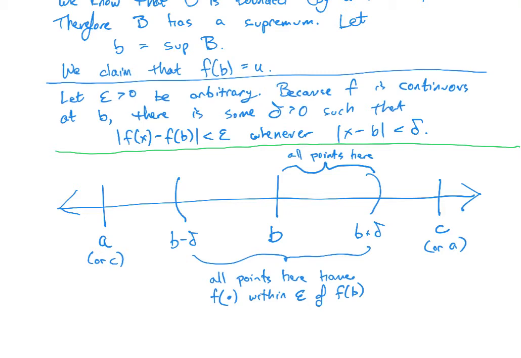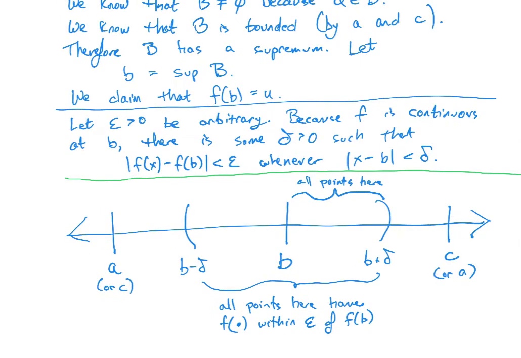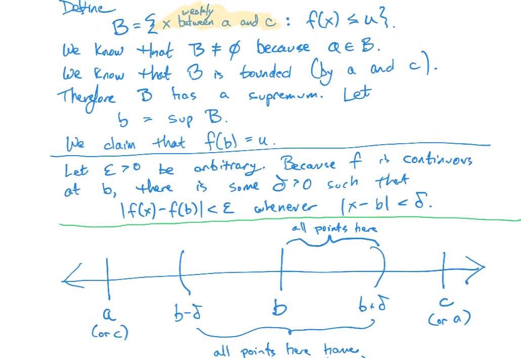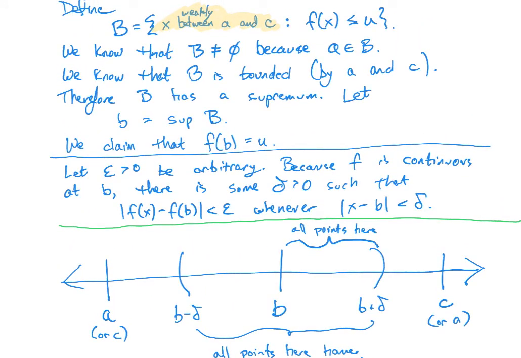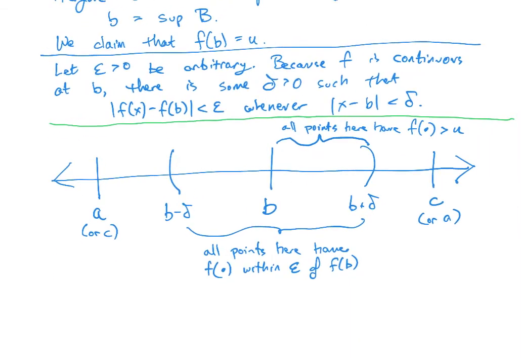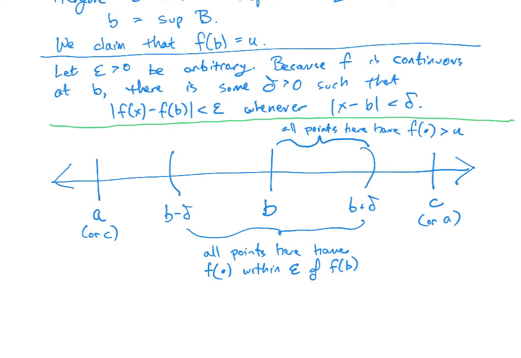Because it's not in S. Oh, sorry. I said S. I meant capital B. Because all these points are not in capital B, what can we say about them? Their image is greater than u. Mm-hmm. Everybody over there has an image under F that's greater than u.